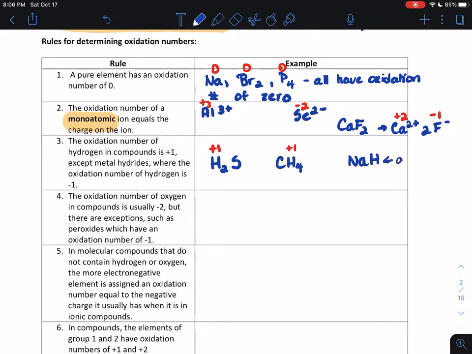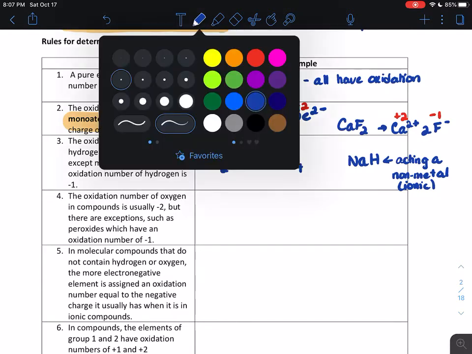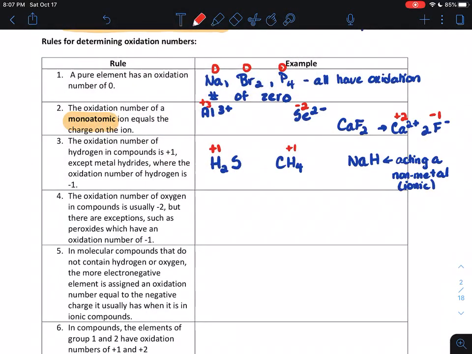So it's acting as a nonmetal, and it means that it's got to be together with a metal. It's got to be ionic. And only in this situation will the oxidation number be -1. Like I said, you will rarely experience that. Most of the time, the oxidation number on hydrogen will be +1.